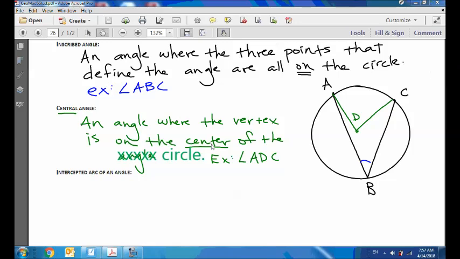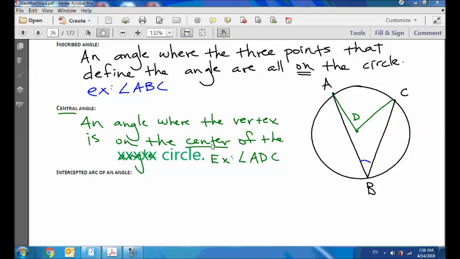Now, it's very possible, just so you know, for an angle not to be a central angle or an inscribed angle. So, for example, this angle right here is not either an inscribed angle or a central angle because this vertex is not on the circle or the center of the circle. So just be aware that there are other kinds of angles that we can have besides inscribed angles and central angles.